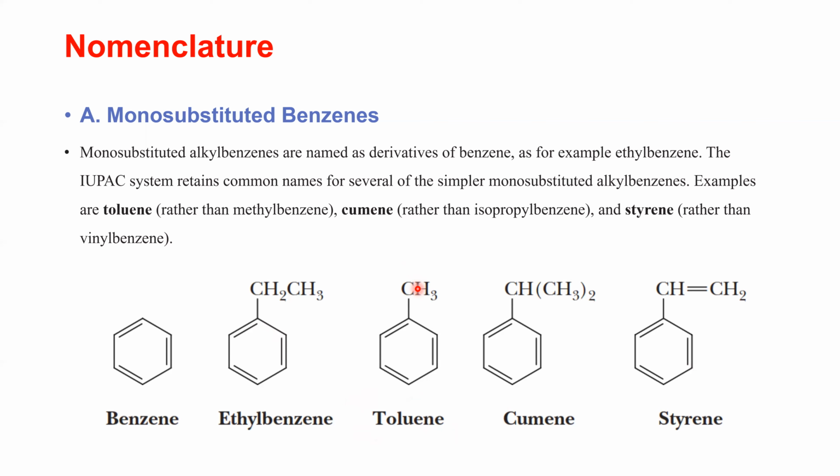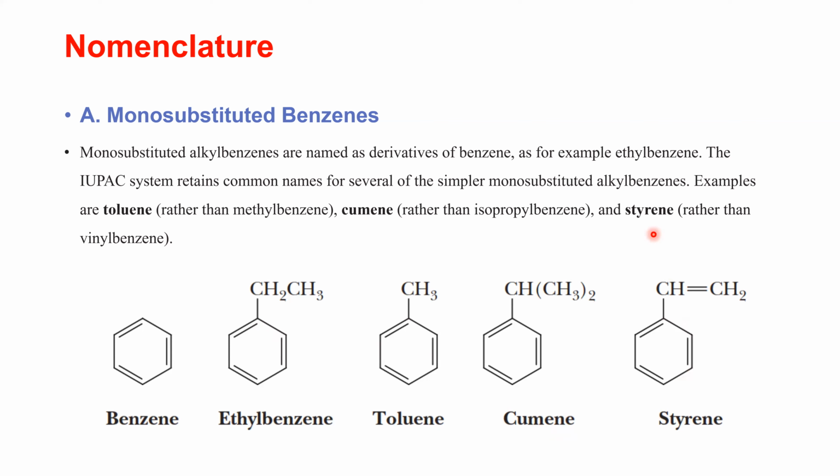We will see some examples in the next slide. Now, cumene is when there is an aromatic ring with an isopropyl group attached to it. Rather than writing isopropyl benzene, you can write the name cumene, which is the shortest and simplest one.